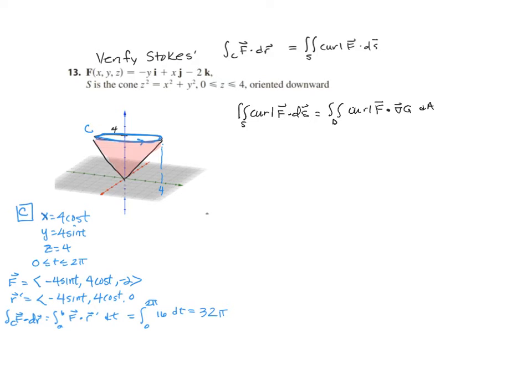So in this case, our surface that we're using is that red surface. We have to be a little bit careful about this because here's the red surface. z squared equals x squared plus y squared.